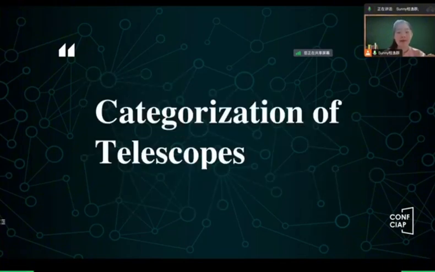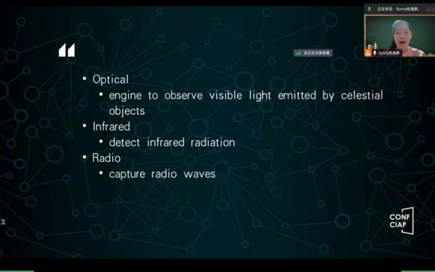And let's talk about the categorization of telescopes. Just like the ways that I mentioned to explore space, there are three different types of telescopes, which are related to the approaches.